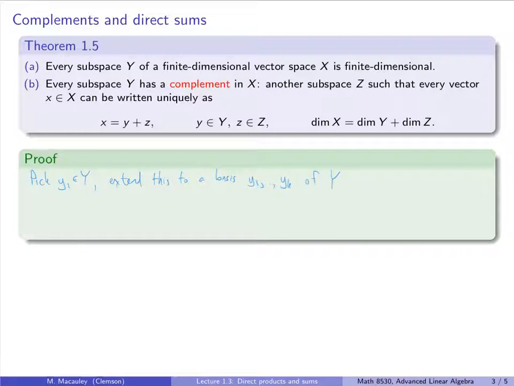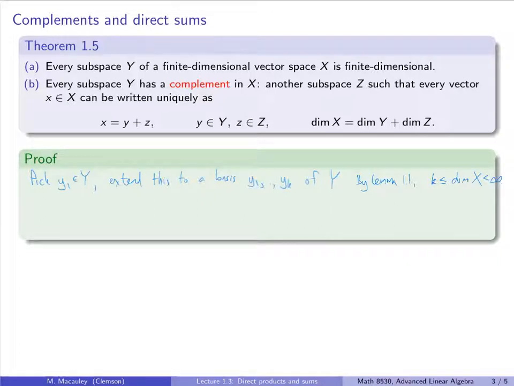And now by a previous lemma that we proved, since this is a linearly independent set, k has to be less than or equal to the dimension of the entire space X. So by, I think I called it Lemma 1.1, k is less than or equal to the dimension of X, which we know is finite.